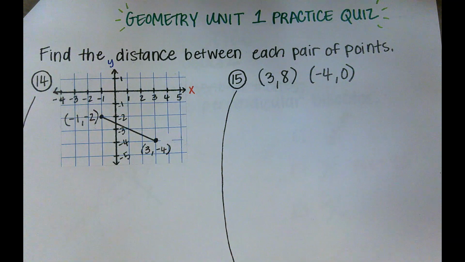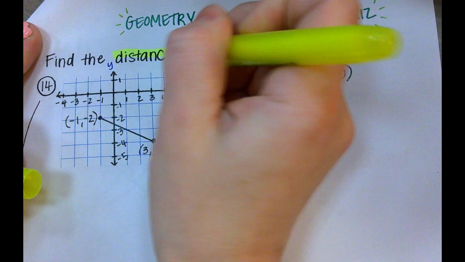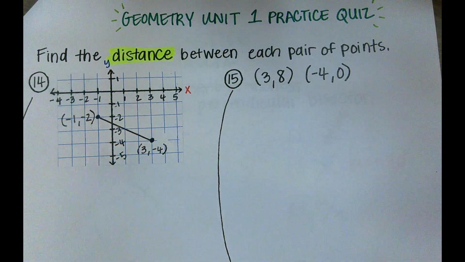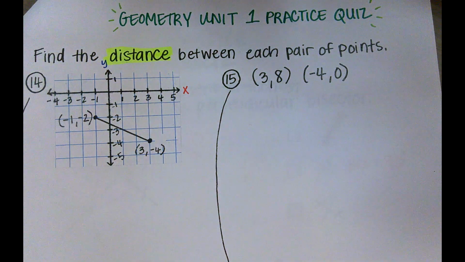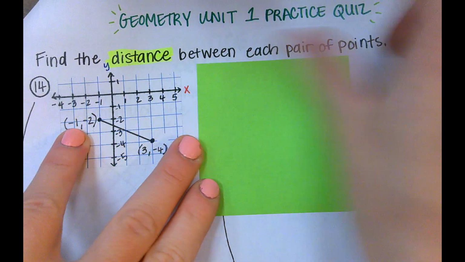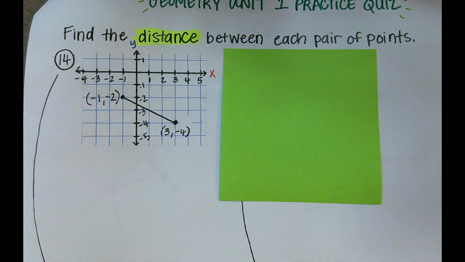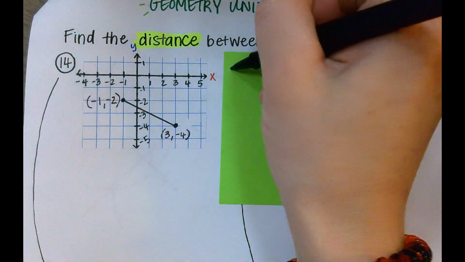Now we are finding the distance between each pair of points. So I'm going to take a note with the distance formula. And this is the one with the big square root. We will go over how to do that on your calculator again.